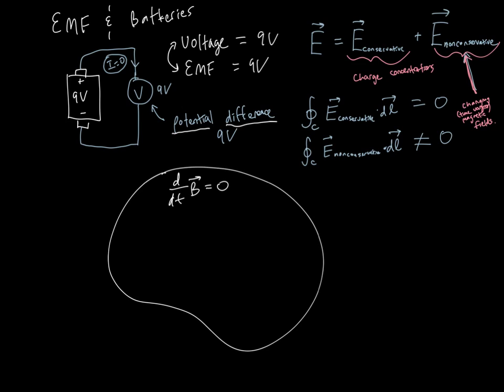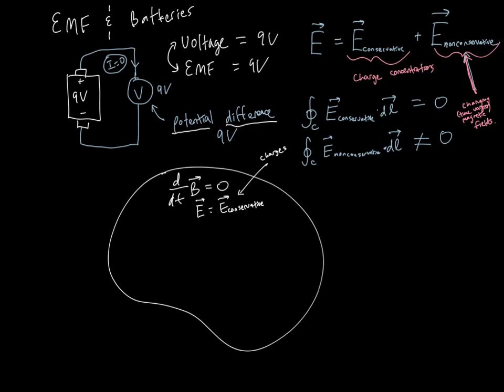And therefore, the electric field is conservative within this region of space. And we know that the E field is produced by concentrations of charges. So we'll just write charges. That's what's producing the electric field in this region.